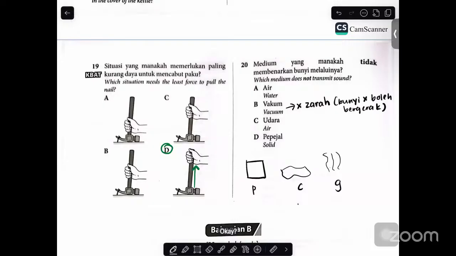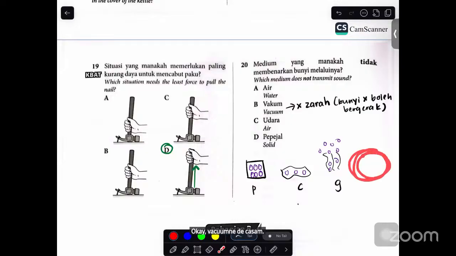Di dalam pepejal, teacher will have zarah. Dalam cecair pun ada zarah. Dalam gas pun ada zarah. Dia boleh bergerak. Kan? Tetapi ada sejenis. There is something yang namanya vacuum. Okay? Vacuum ni dia kosong. Dia tak ada apa-apa. Dia tak ada zarah. Dia tak ada udara. Dia tak ada molekul. Memang kosong.